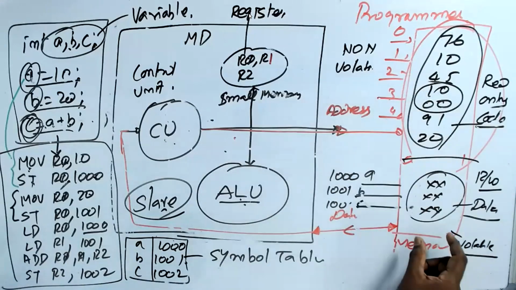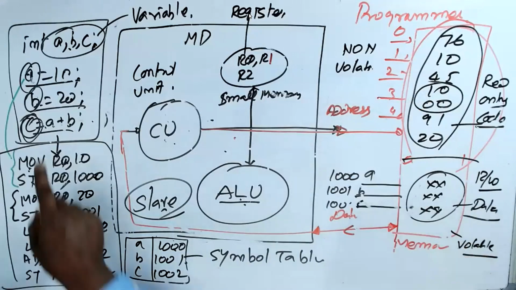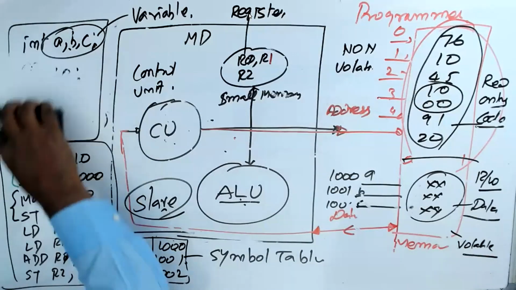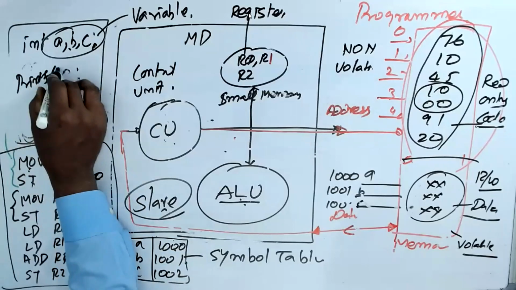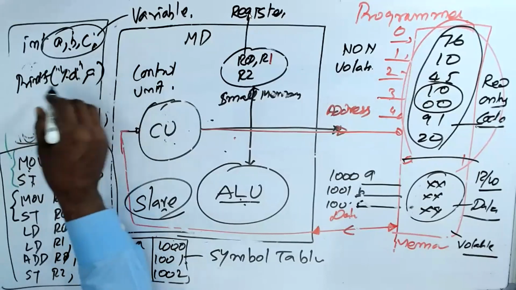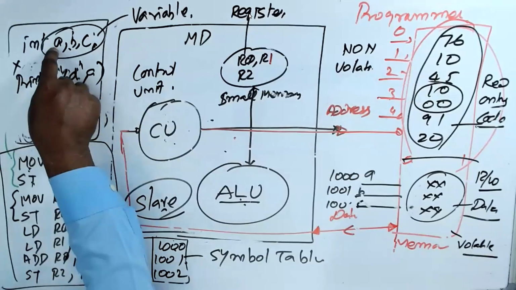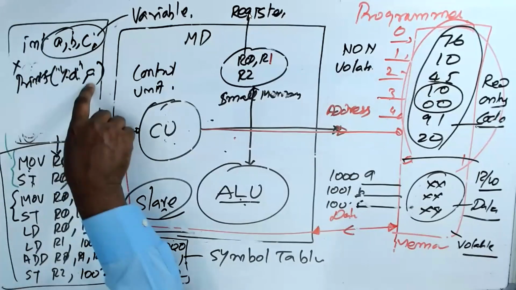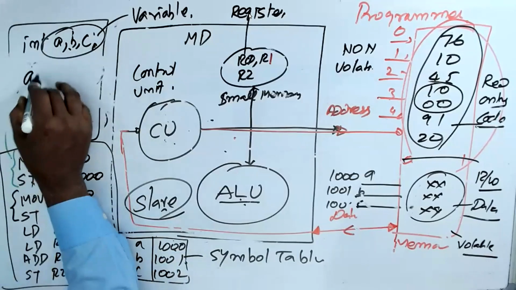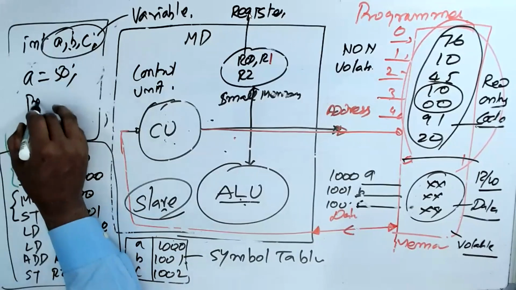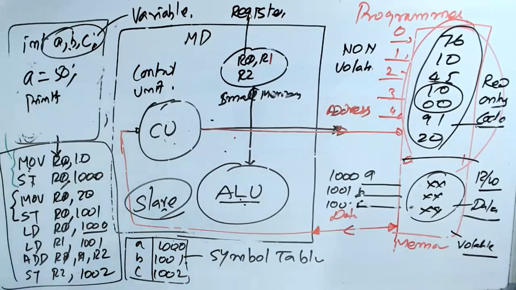But your variable, see here: if you write the code int a, printf %d, comma a, this is wrong because you have not initialized it. You have not written any value in a. You cannot print it. You should say a is equal to 50, then printf. So you write to a and then print. That's important.